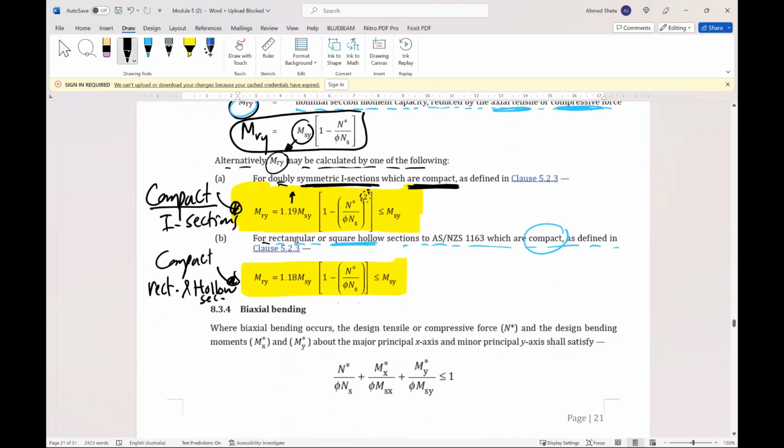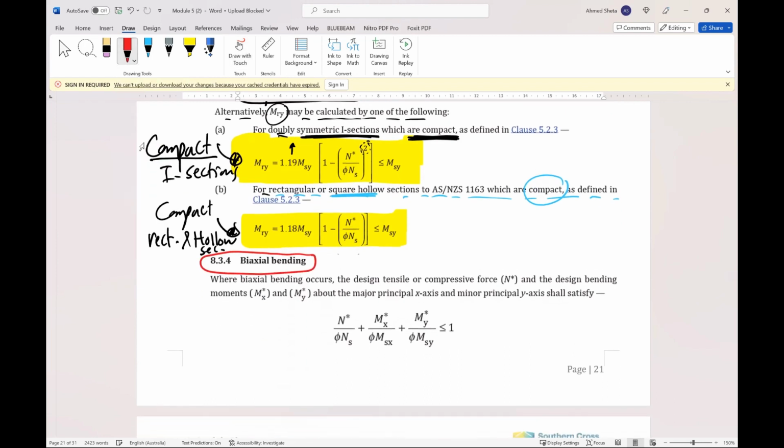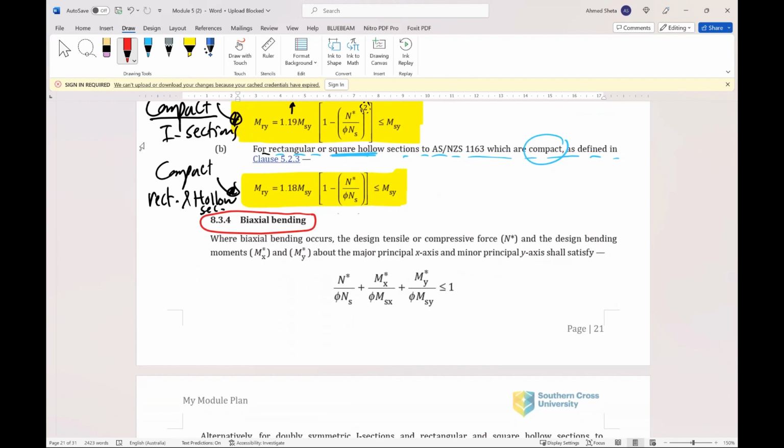The third case is if we have biaxial bending. What is the biaxial bending? If we have a cross section, let's say an I beam, you have two axes, x-axis and y-axis.